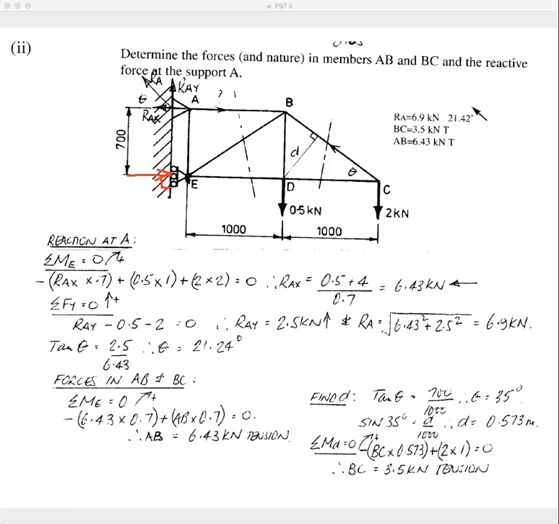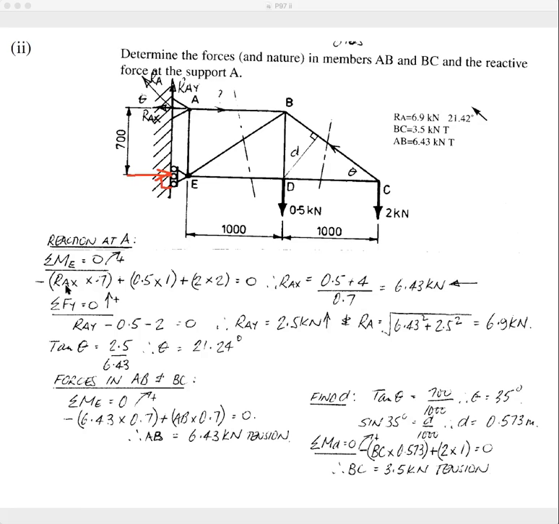So we're going to take moments about this point here to find the horizontal component of that force there. Now see this vertical component of the reaction at A, that this should go through A there, because there's no perpendicular distance there, that's not given. So this should be at A there. So sum the moments about E, make sure that you put this statement equals 0 with clockwise positive.